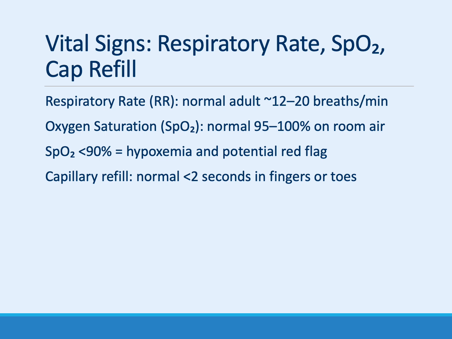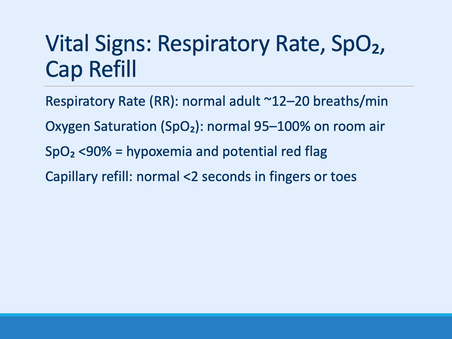For respiratory rate, a normal resting value in adults is 12 to 20 breaths per minute, so you should see smooth, relatively effortless breathing at rest. Rapid, shallow, or labored breathing suggests increased work of breathing, and so that's going to indicate that the patient is struggling. Pulse ox, or our SpO2, should generally sit in the 95 to 100% range on room air.